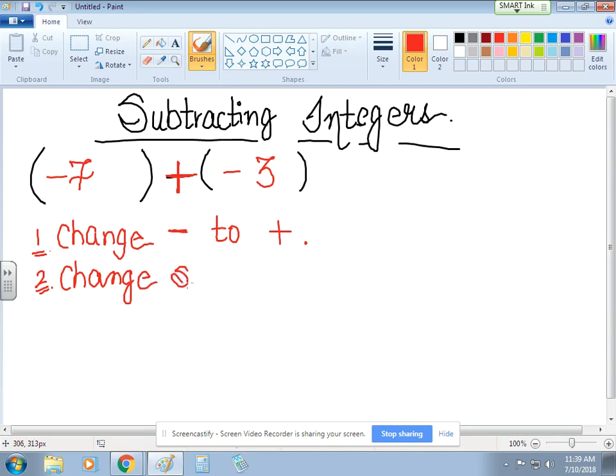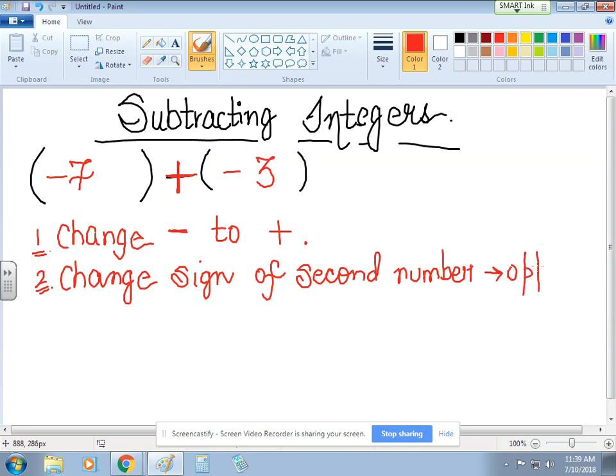Second number means the one that comes after the middle sign. That means if it's minus, you change it to plus. If it's plus, you change it to minus. So here I have it minus, and I'm going to change it to plus.